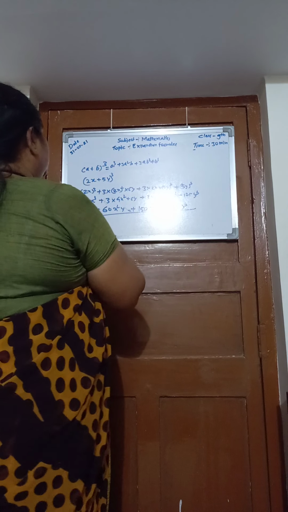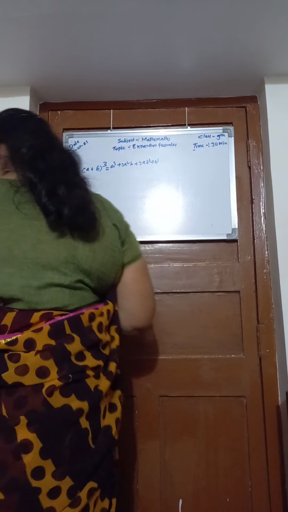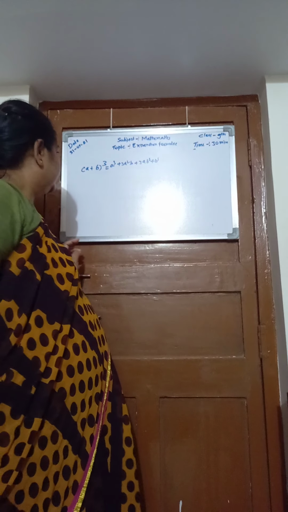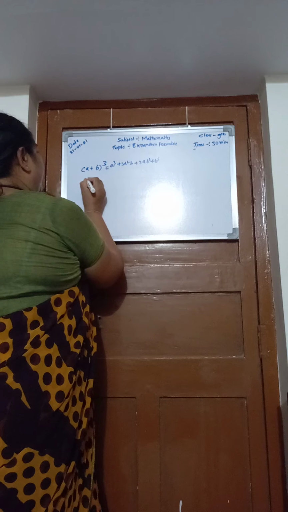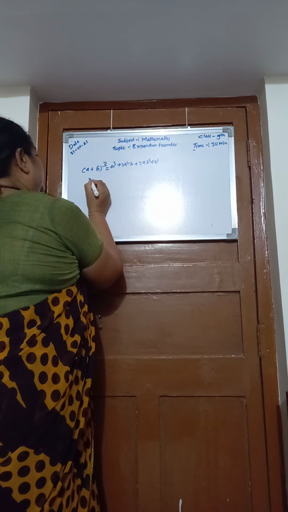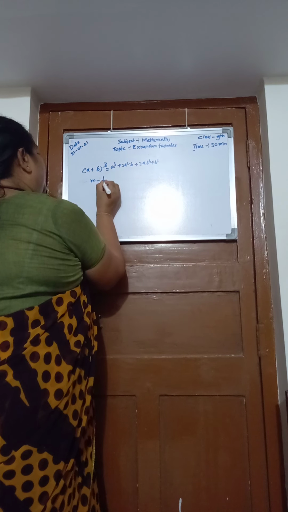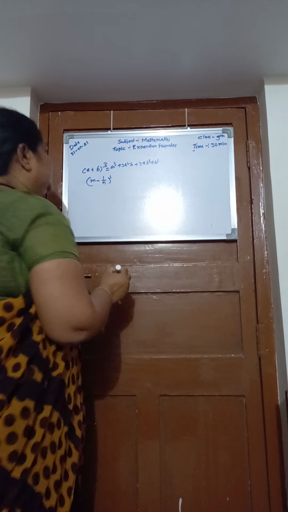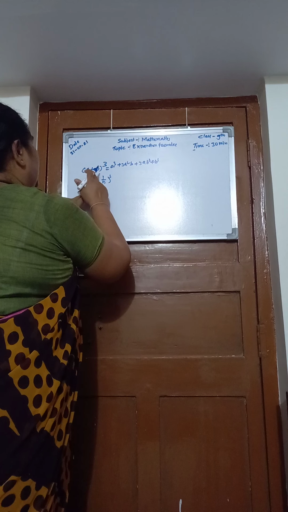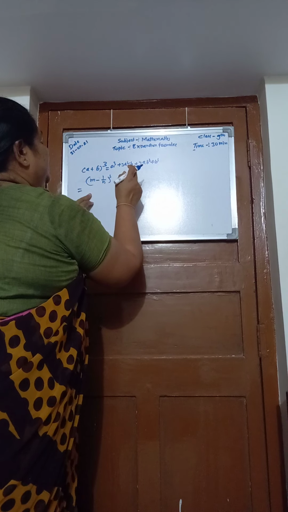Now I am giving you another problem. (m minus 1 upon n), you have to calculate the cube here. Now put the formula. (a plus b) whole cube is a cube plus 3a square b plus 3ab square plus b cube.